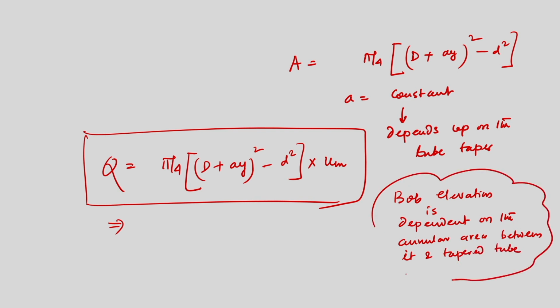So, all things are related. To have the same flow rate measurement, if the gap between the tube and the bob is not very large, then we will get one kind of bob elevation, but if it is too large, then we will get another kind of bob elevation.